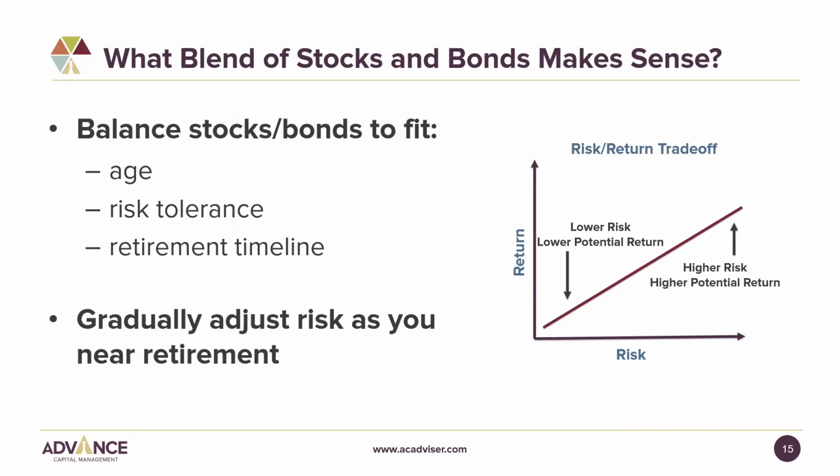So, for example, back in 2008, from peak to trough, the stock market dropped nearly 60%. And if you had too much risk or a lot of risk inside of your portfolio, that would have some pretty drastic consequences. Now, fortunately, in that example, the market rebounded relatively quickly.